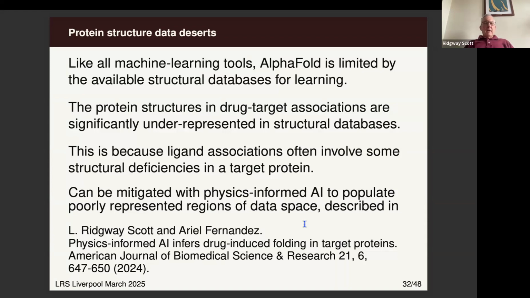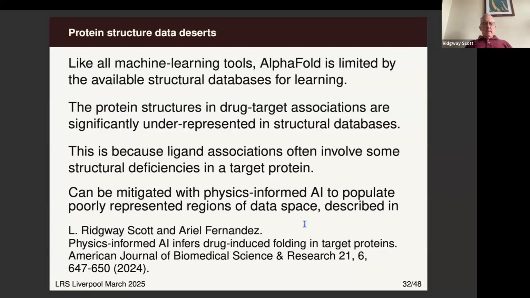Okay, so like every machine learning tool, AlphaFold is limited by the available structural database for learning. Of course, this is not something that's generally understood by people on the street, that they think there's data everywhere, which it turns out not to be the case. And so they just think AI can solve every problem, which is certainly not the case.